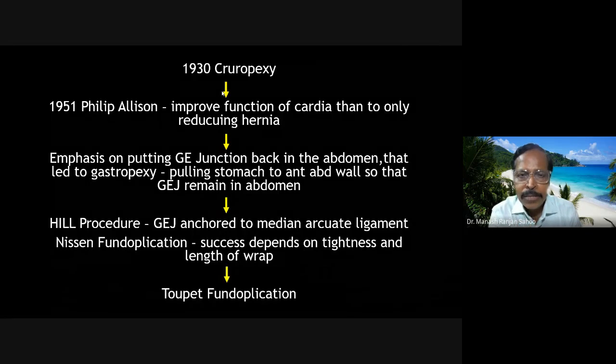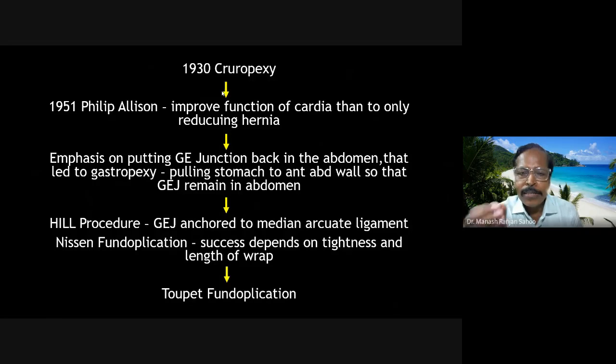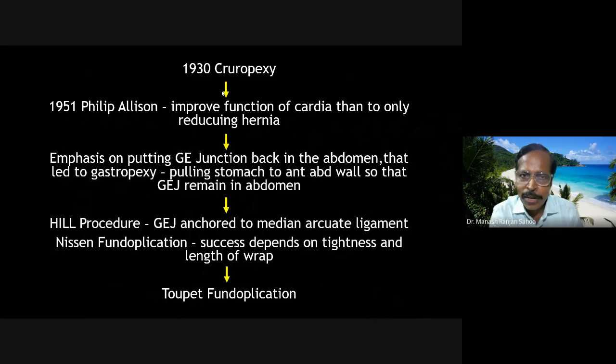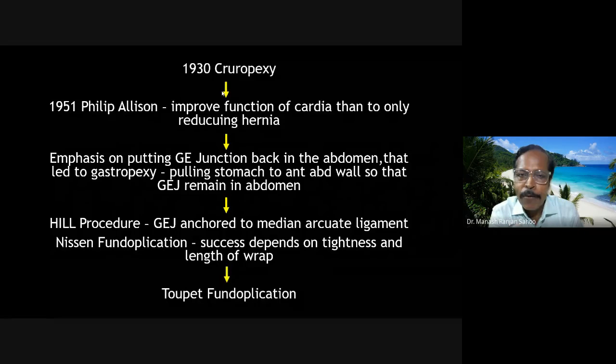But people found that just doing a cruropexy had no positive impact on these patients. Twenty-one years after, Philip Allison gave the impression that it's not only the cruropexy which is going to sort out the problem, neither crural separation or widening of the esophageal hiatus is the only crux of the problem in gastroesophageal reflux disorder.